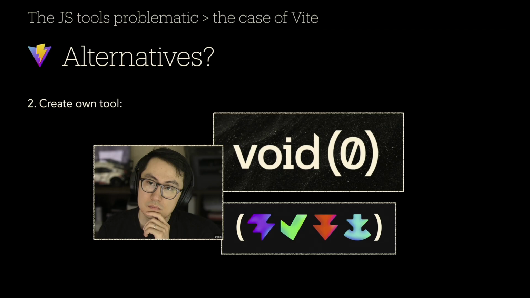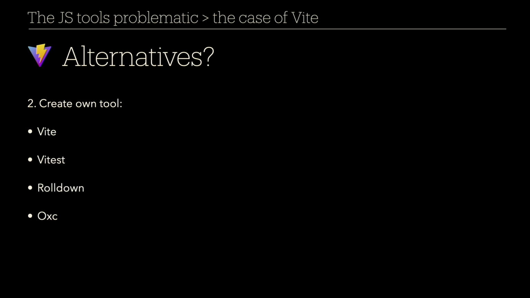Void Zero is a company which has been founded by Evan You. One of the goals of this company is to unify the whole JavaScript toolchain. In particular, they created or maintain all these tools: Vite, of course, Vitest, Rolldown, and Oxc. And we will focus now mostly on Rolldown and Oxc.